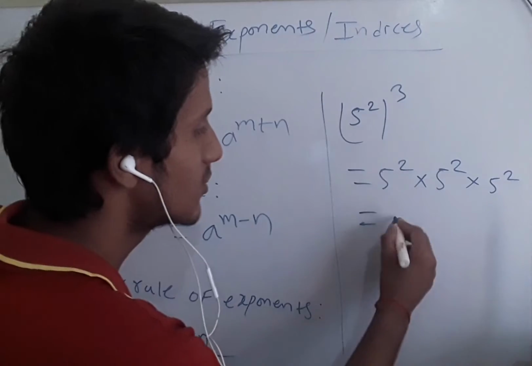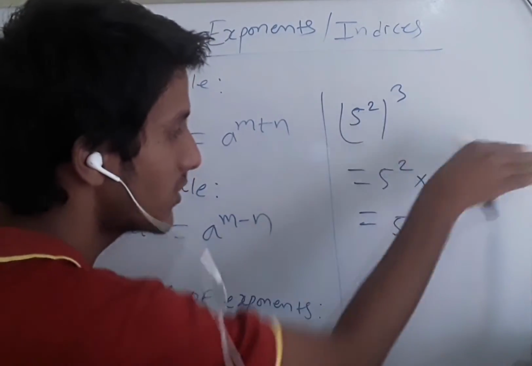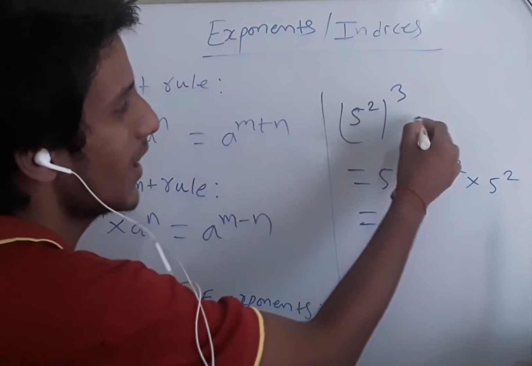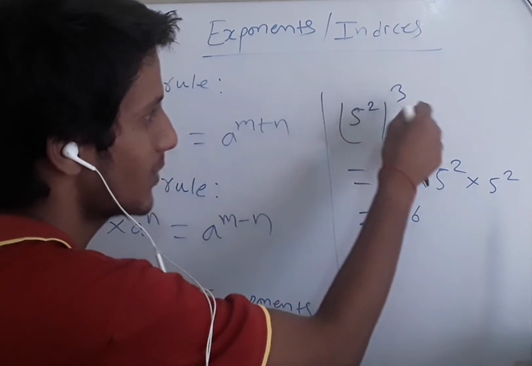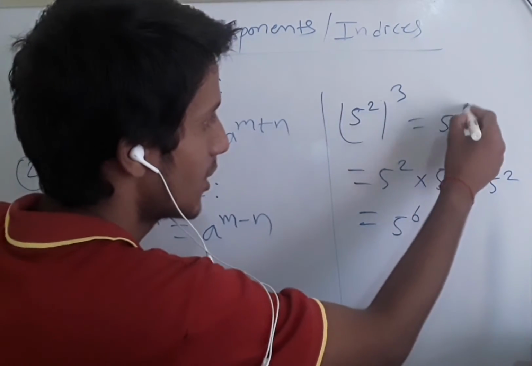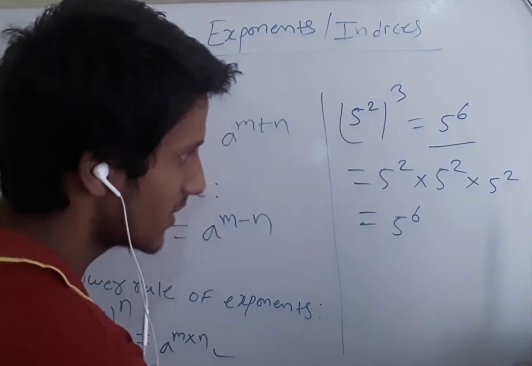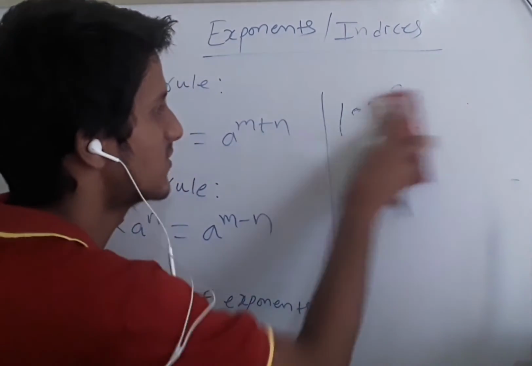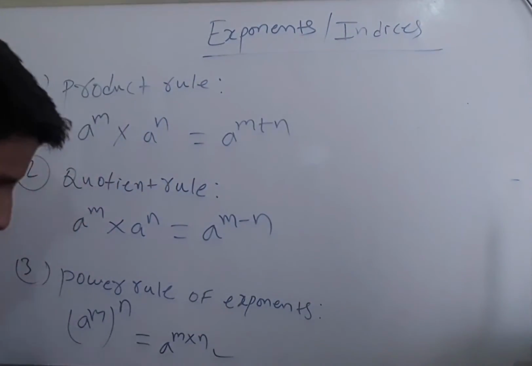Now you add up all the exponents, which gets you 6. It means that the exponents are multiplied, so you can multiply the exponents and you get this answer. So this is where the power rule of exponents comes from.